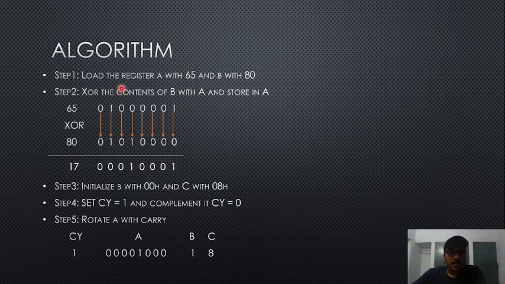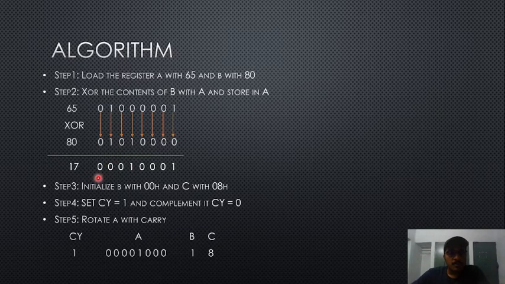Here we can see the algorithm for the program. Initially we will load register A with 65 and B with 80, and we will XOR the contents of B with A and store it in A. When we XOR these two numbers, the bits at similar positions, that means 0 0 and 1 1, get converted to 0, and the bit positions where the bits are dissimilar get converted to 1.